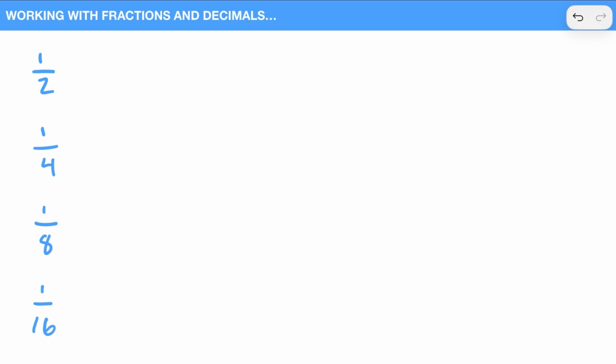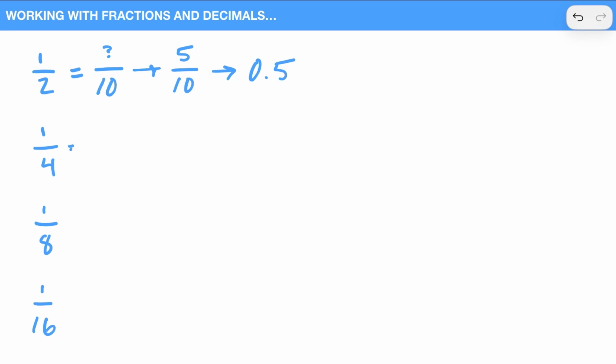Well, remember, we want to talk in terms of tenths or hundredths. What we really want to ask ourselves is what number over 10 makes this true? Well, the answer is 5 over 10. And so in decimal form, this would be 0.5.